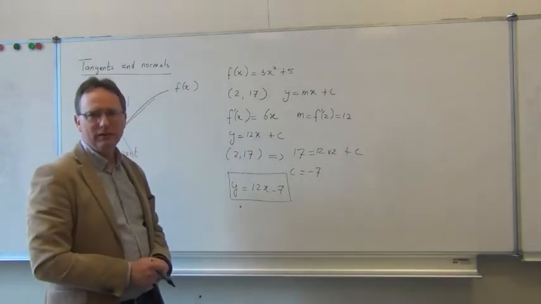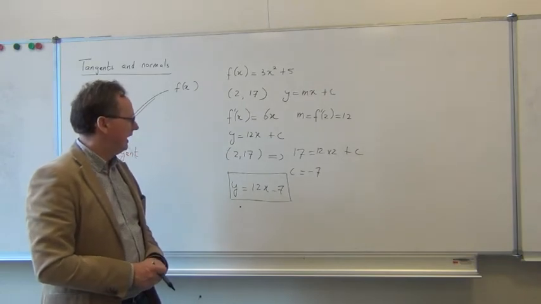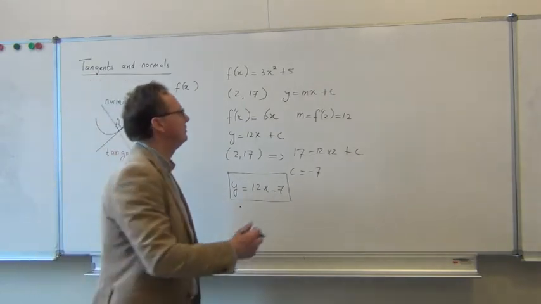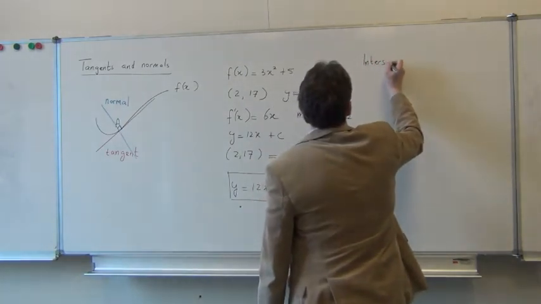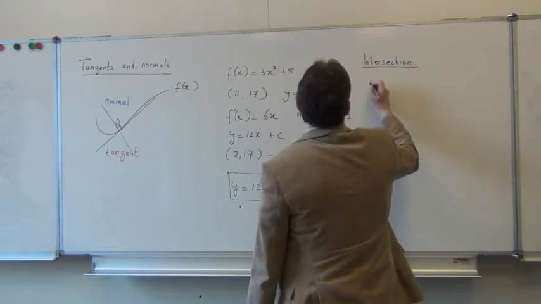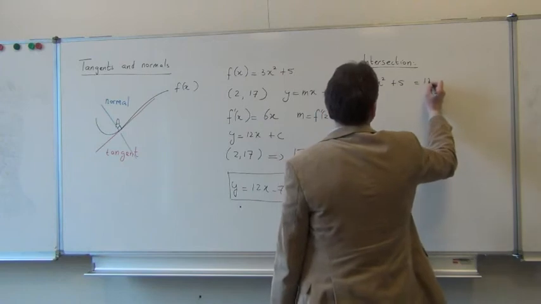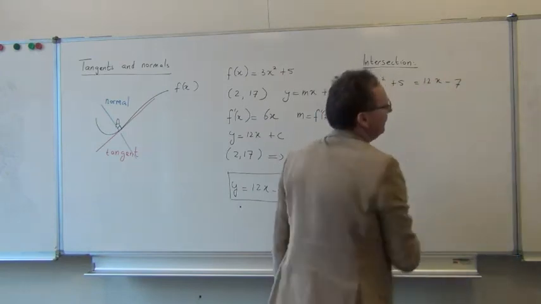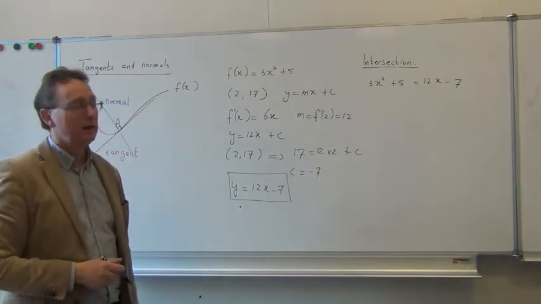And that's actually something that we can check with what we learned about quadratic functions. So suppose we are looking for the intersection. So we equate 3x squared plus 5 to 12x minus 7. If our theory is correct, we would expect only one solution here.